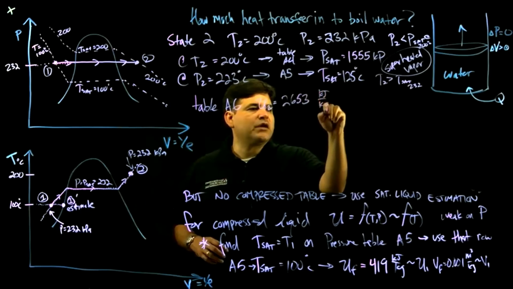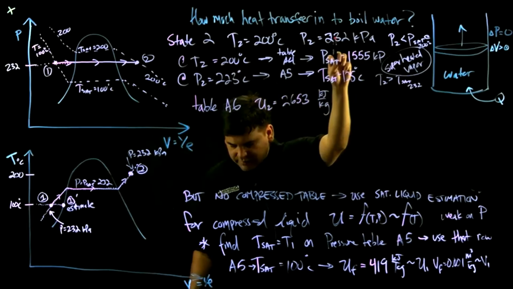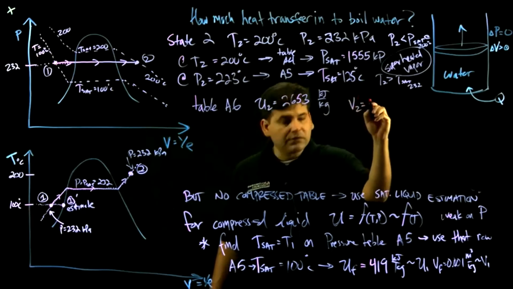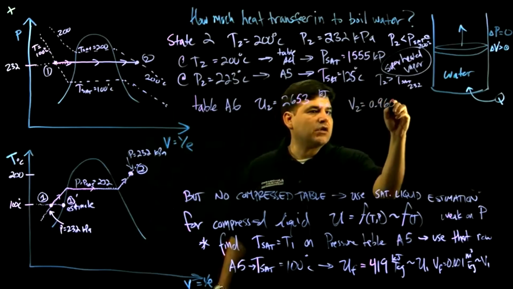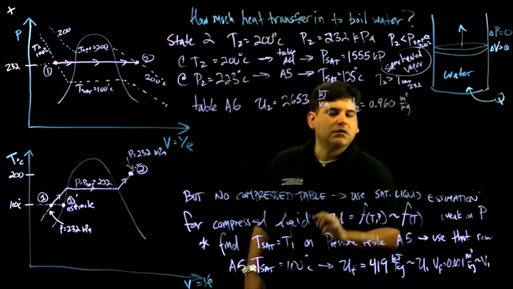Do a little bit of extrapolation because 232 is not directly on there, but by extrapolating, we find that V2 is 0.960 meters cubed per kg.